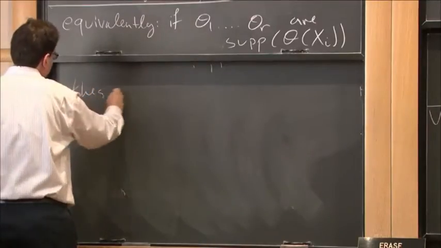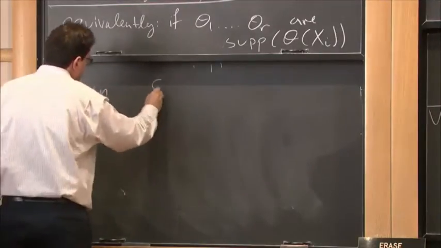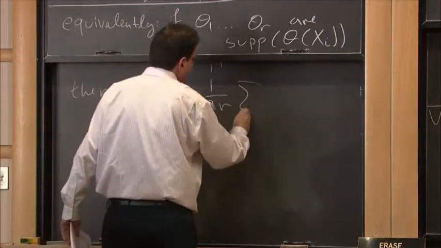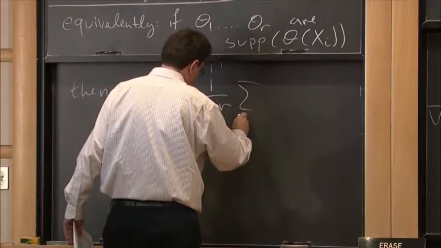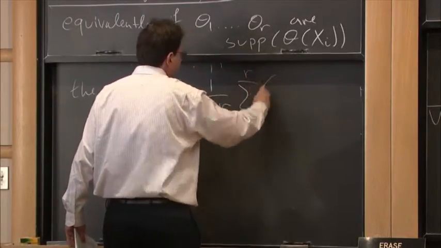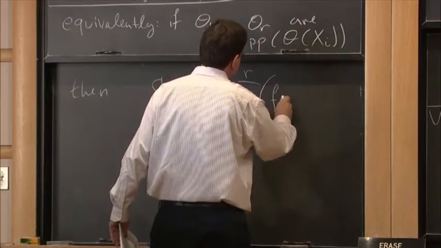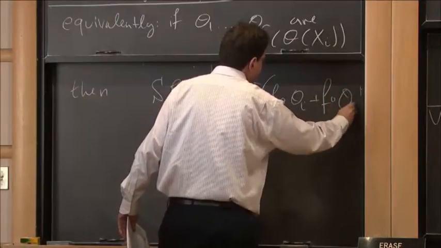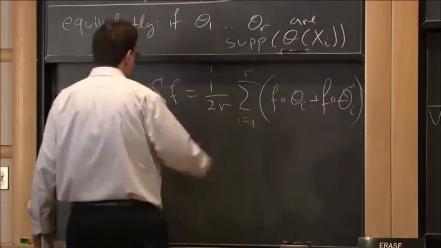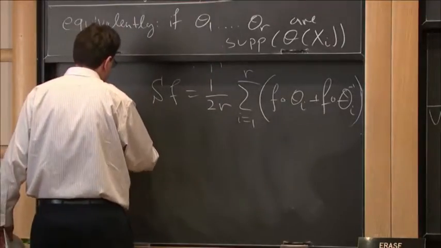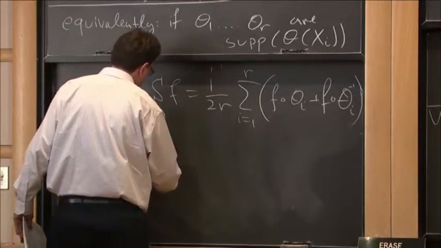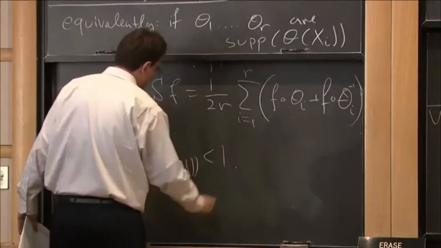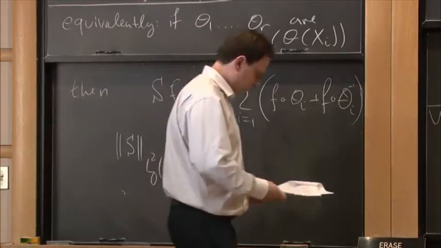Then if I take a self-adjoint operator, 1 over 2r summation, i from 1 to r, of f composed with theta i plus f composed with the inverse. Now I have a self-adjoint operator, so I just want this operator on the complement of the constants to have norm less than 1. Okay, so that's equivalent.